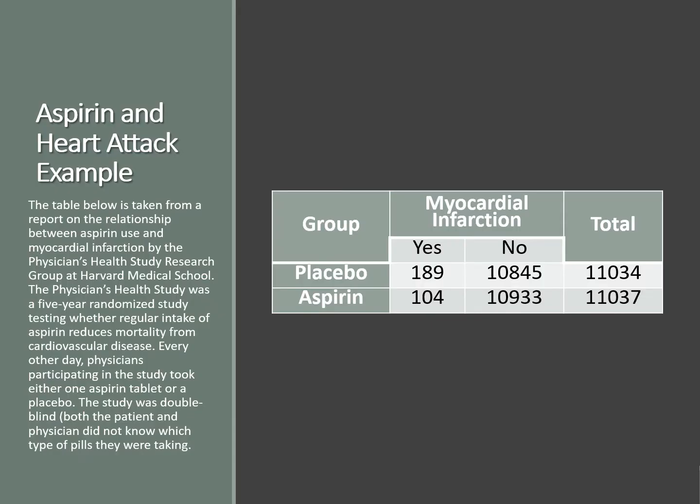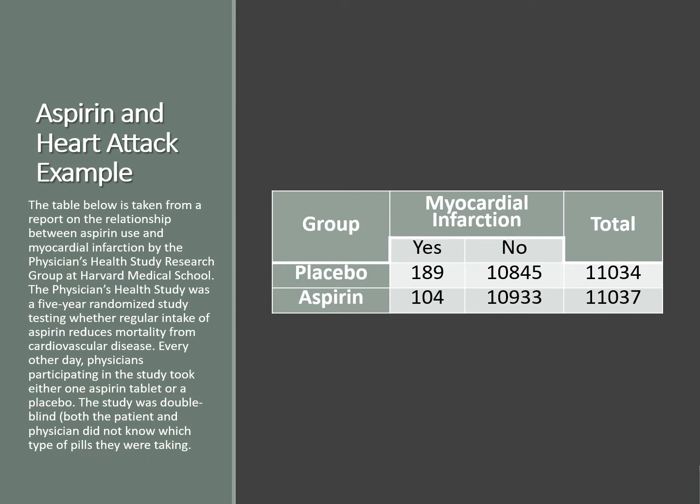Here's an example of a two-way table, wherein the row variable is the group, which is either placebo or aspirin, and the column variable is having myocardial infarction or not. Let's have a description of this table. The table is taken from a report on the relationship between aspirin use and myocardial infarction by the Physicians' Health Study Research Group at Harvard Medical School.